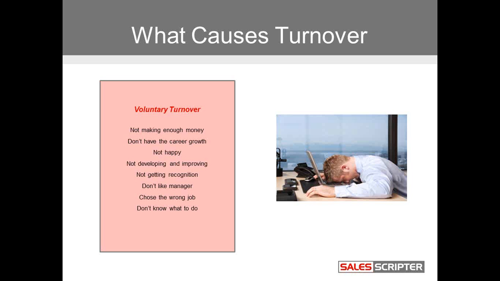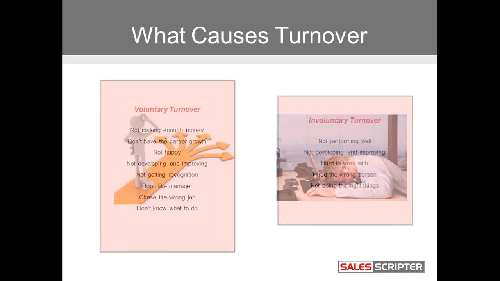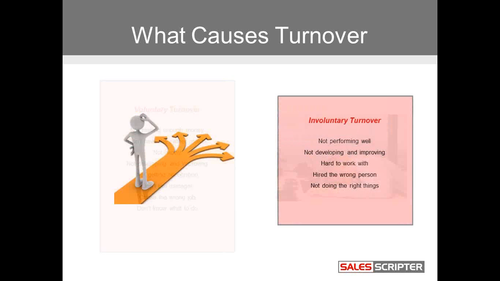If you are an HR manager, you know what you need to do. If you're a salesperson, you're often put in a situation where you need to sell, and you don't know what to do in order to be successful, in order to meet your target. So when that happens, you might voluntarily leave because you're not happy, and you don't want to be somewhere where you don't know what to do.